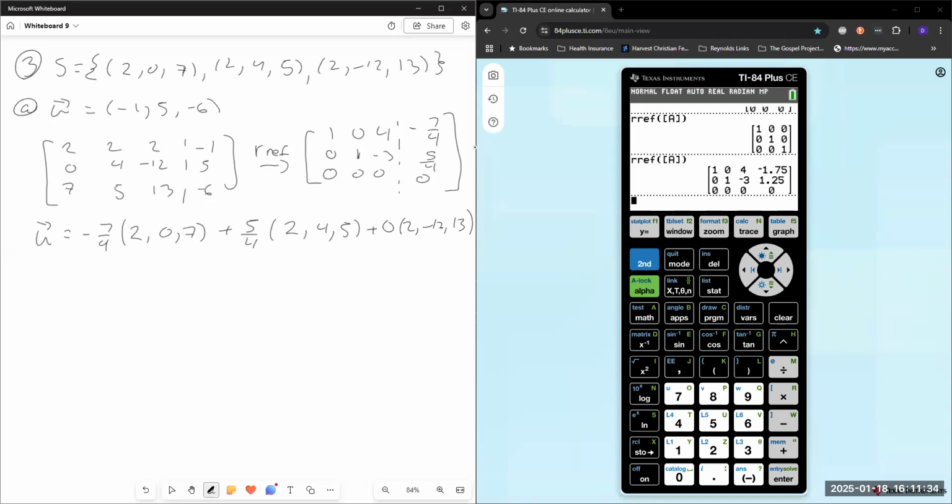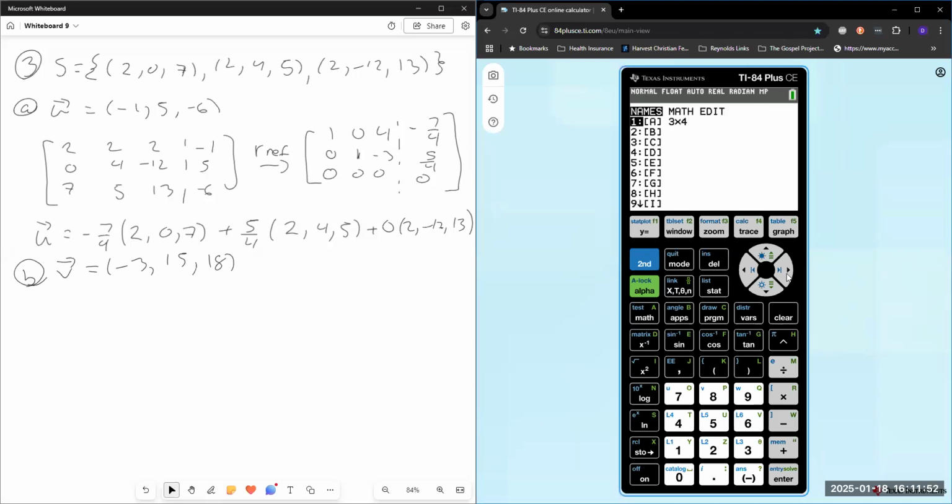So let's go ahead and look at B, which asks us about V equal to (-3, 15, 18). Come back in here, change our matrix to match that.